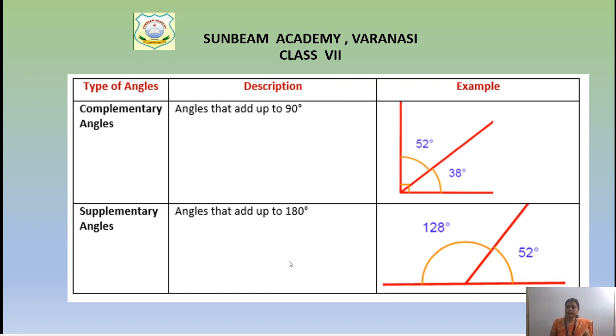You can take other angles, acute angles, children, which are less than 90 degrees. Take 2 angles, and if the sum of those 2 angles is 90 degrees, then they will be called complementary angles. In the same way, if the angles add up to 180 degrees, then it will be called supplementary angles.